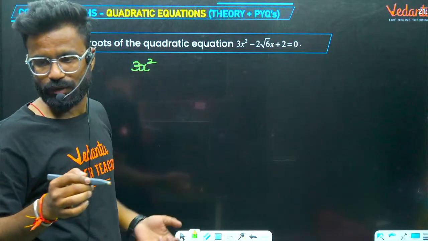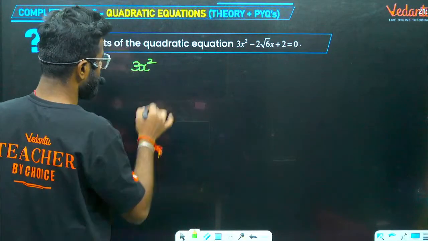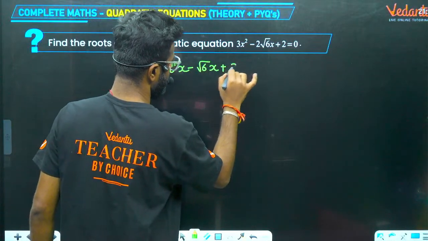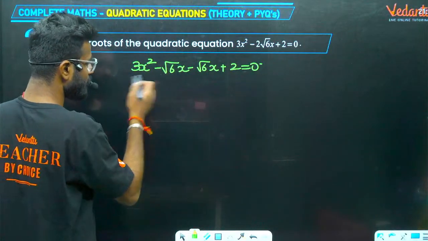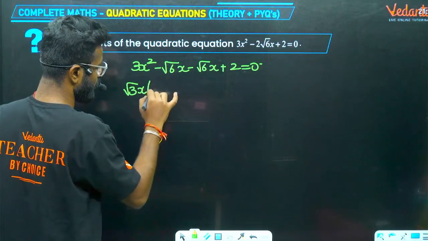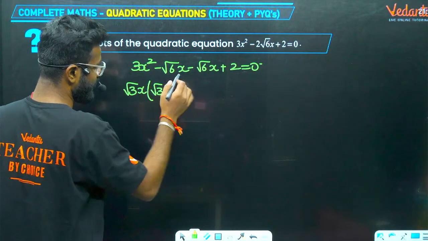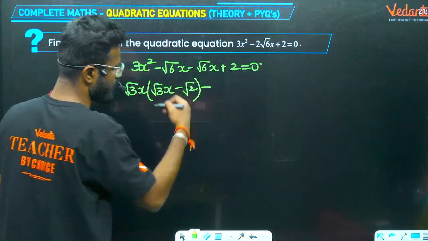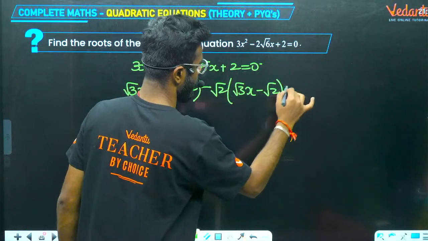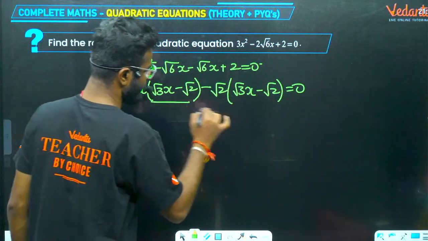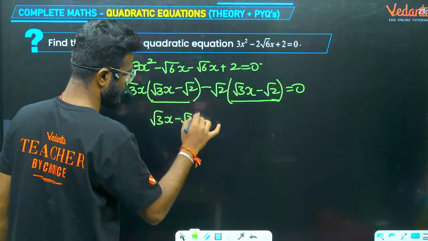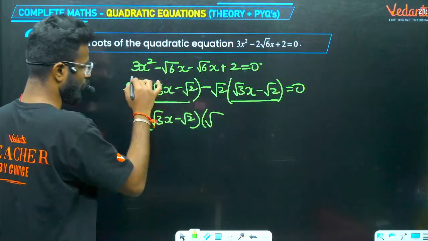So minus 2 root 6, you can write as minus root 6 x minus root 6 x. Take root 3x common: root 3x(root 3x minus root 2) minus root 2(root 3x minus root 2) is equal to 0. Root 3x minus root 2 is common.